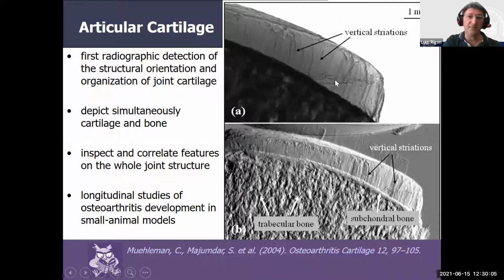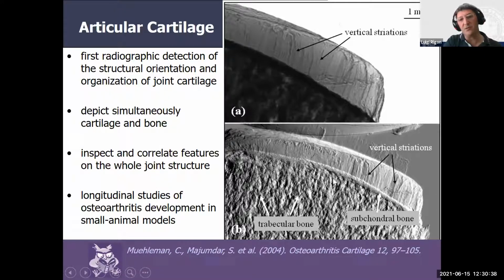Typically, it's not very easy to detect cartilage with X-rays. But in this case, we could see the cartilage very well, also the structure inside the cartilage. And another important thing is that in the refractive image, you can visualize at the same time both the cartilage and the bone, the subchondral bone and the trabecular bone below the cartilage.